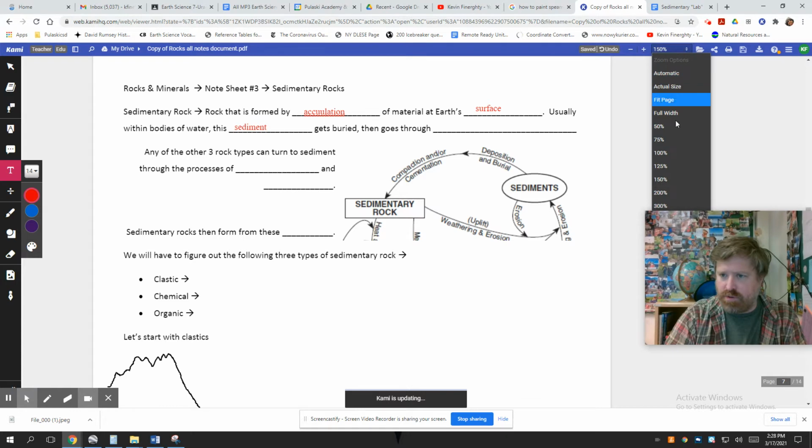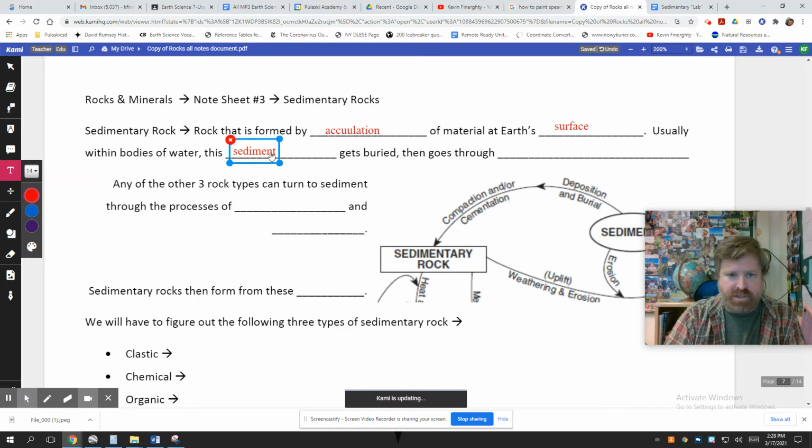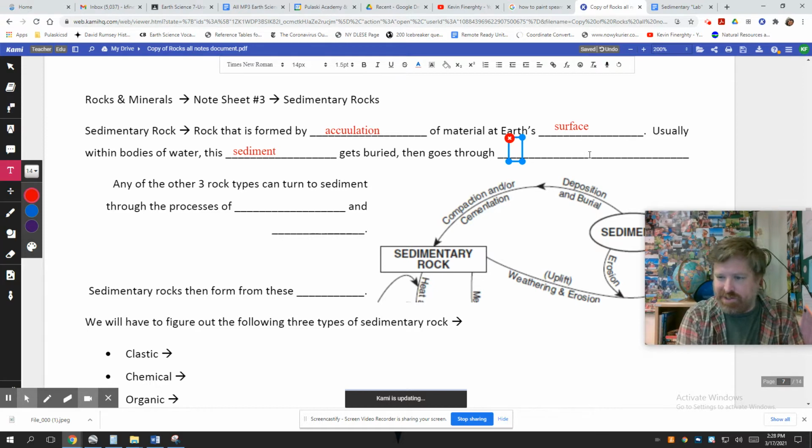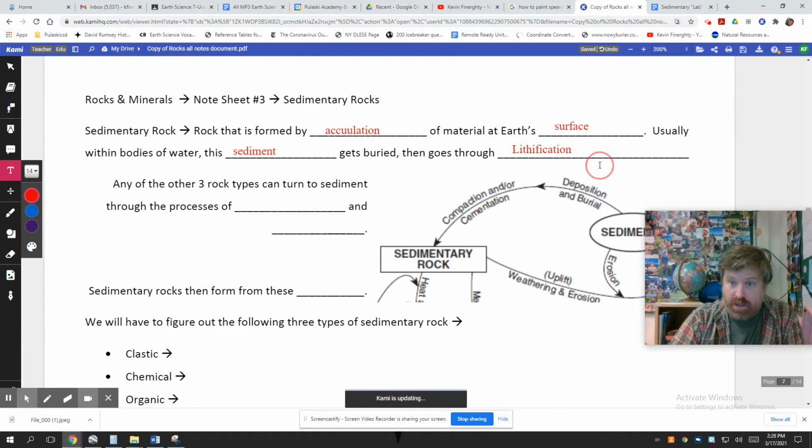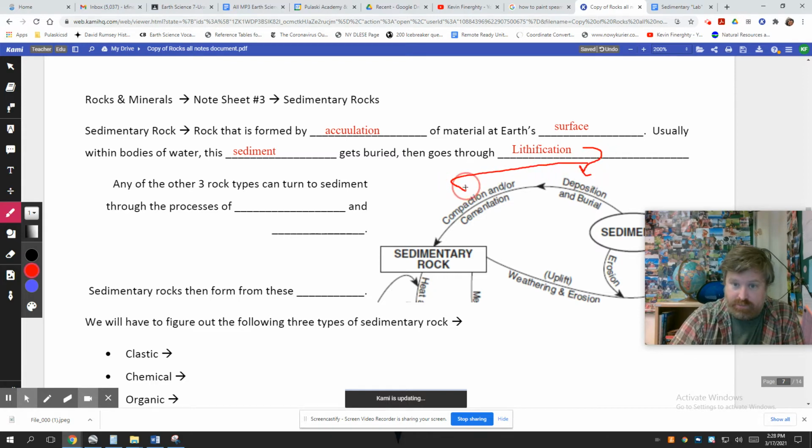Can you guys see this? We'll go a little bigger. The sediment gets buried and then goes through this $10 word, lithification. Lithification is really what your reference table shows you right here. I'm not sure that word itself would be super critical on a Regents type situation.